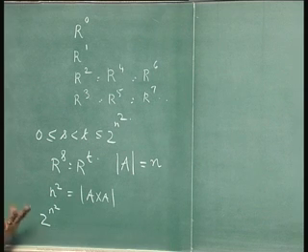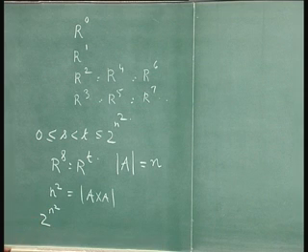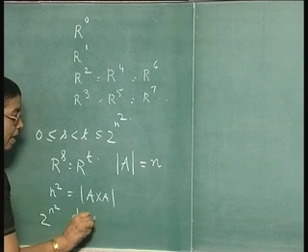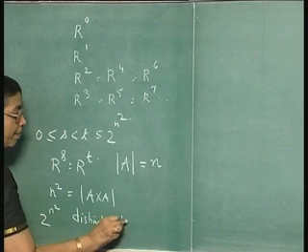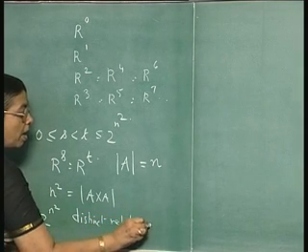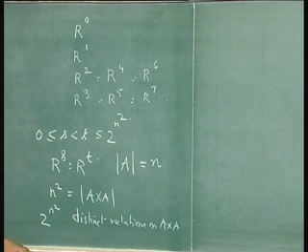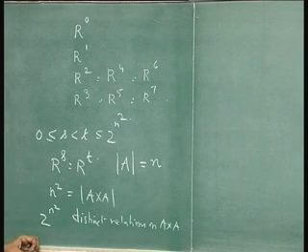So, totally you can have 2 power n squared distinct relations on A cross A. This includes the universal relation where you have all the ordered pairs present, and the empty relation where you do not have any of the ordered pairs present.